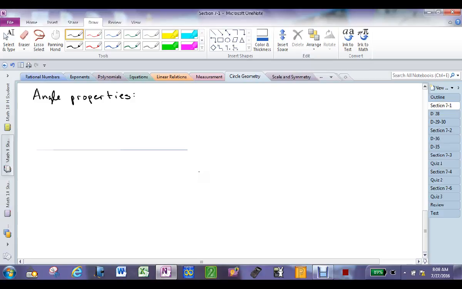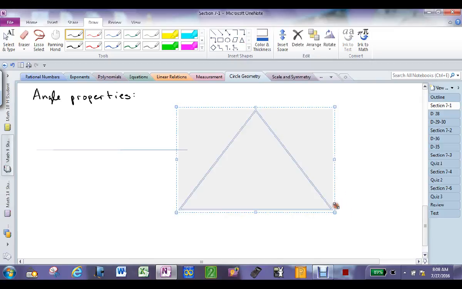Okay? I also need for you to draw a triangle. It does not matter what shape or size, but make it big enough that your protractor will work with it. Okay? Everybody good? Okay.